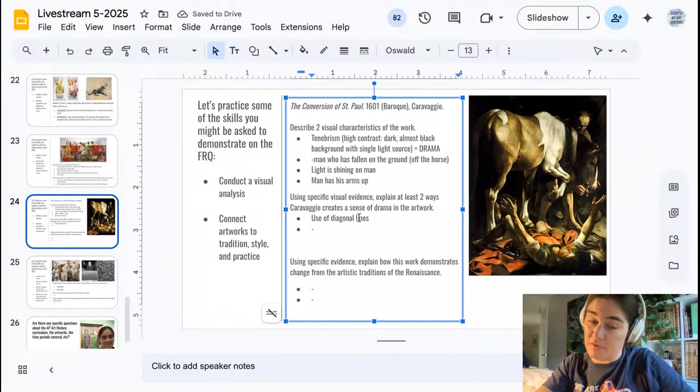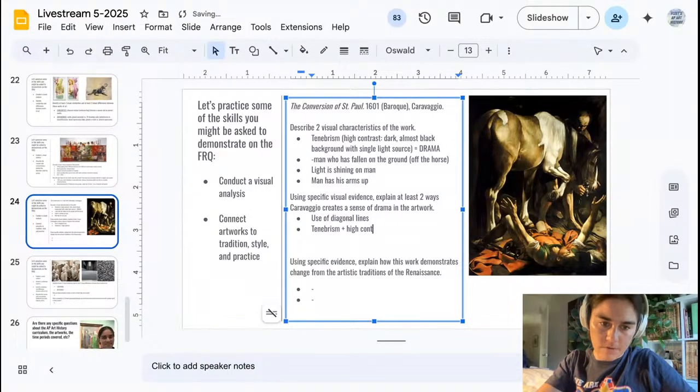Triangular compositions are also really popular in, for example, Romanticism and Baroque art. And we also have tenebrism, right? Tenebrism, like high contrast. Tenebrism equals high contrast.